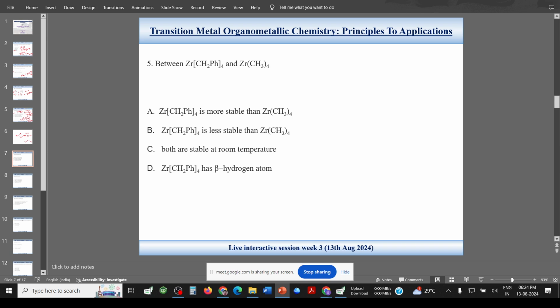But we consider coordinative saturation with the coordination number. Here both have 4 coordination number. Then how can you say it is saturated? Both zirconium complexes have 4 ligands. Methyl also 4, benzyl also 4.